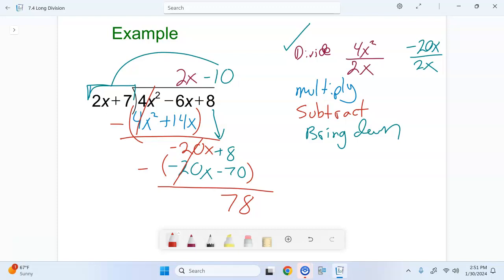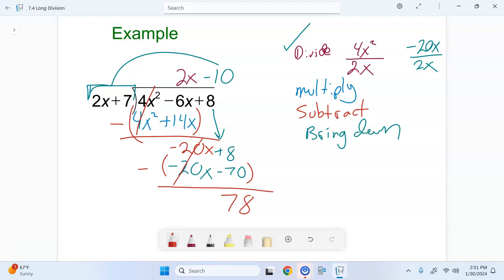No, then we're done. That's our remainder, what's left over. So what's the last line? After that we bring down the 8, then we went back up to divide and start that over again.